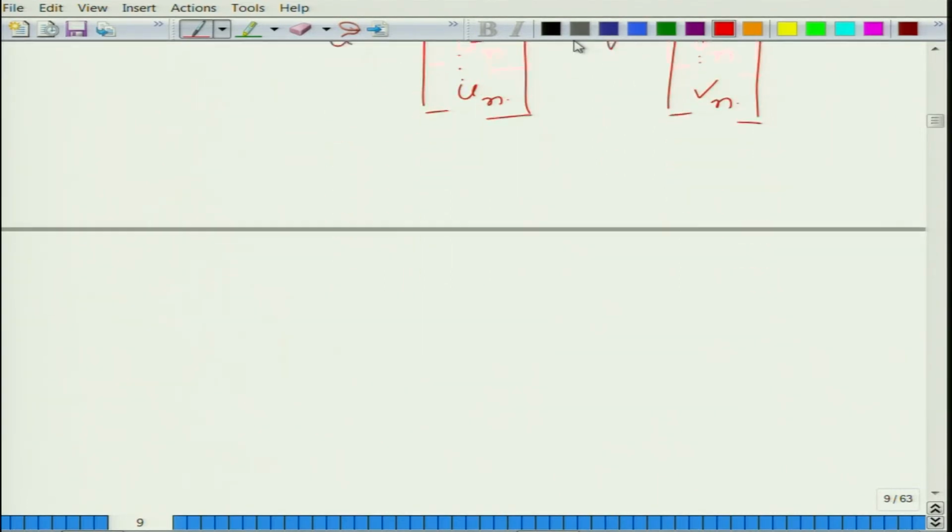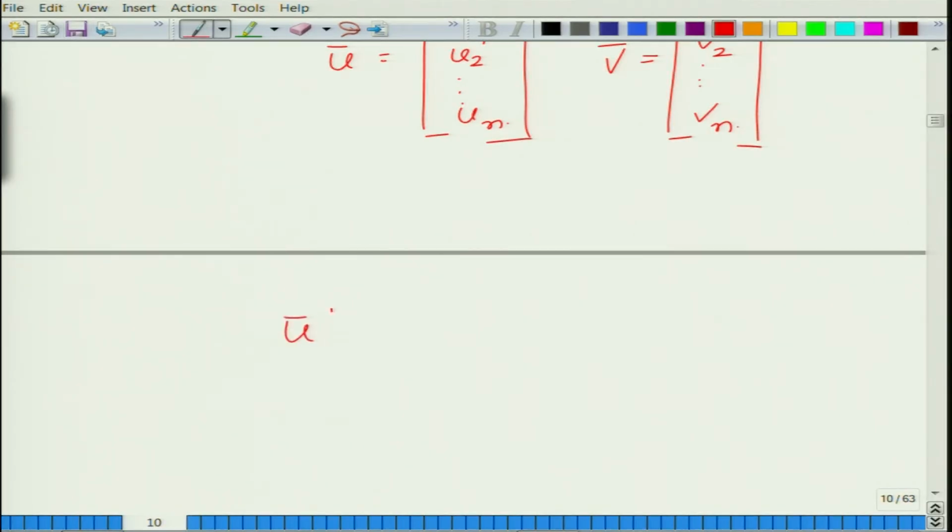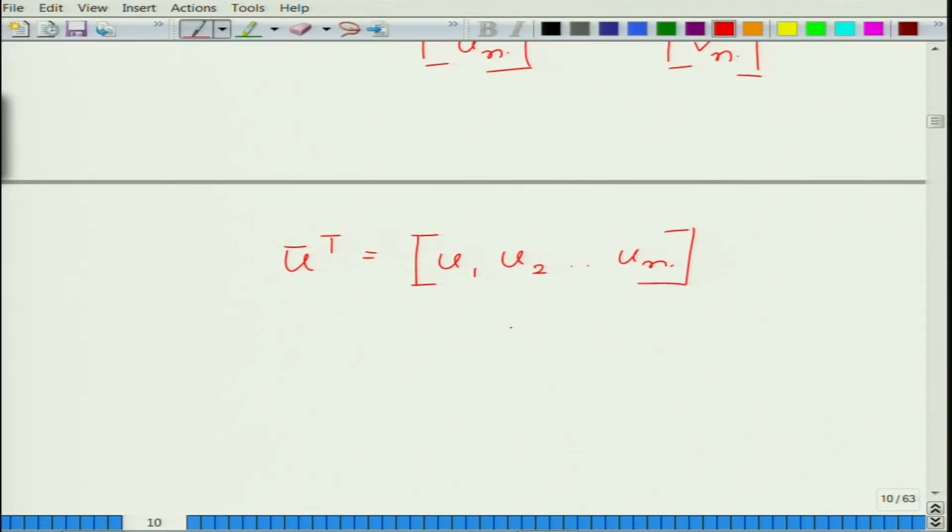Then we have u bar transpose. This becomes a row vector, right. When you take the transpose of a column vector, that becomes a row vector. So, u bar transpose is essentially a row vector.